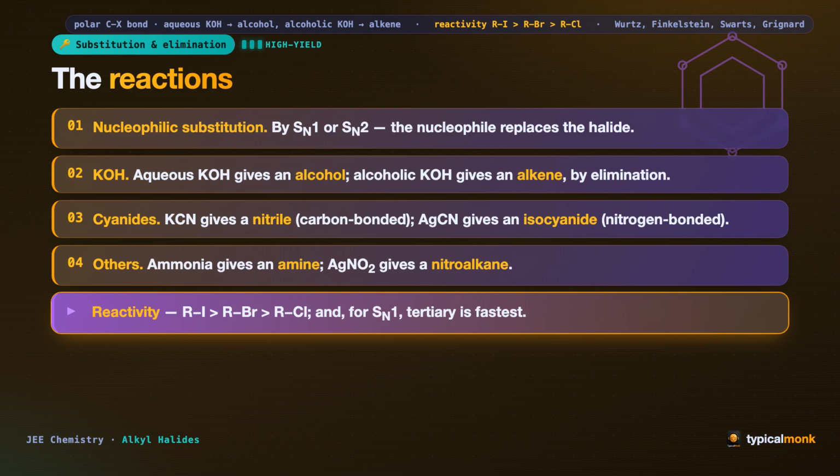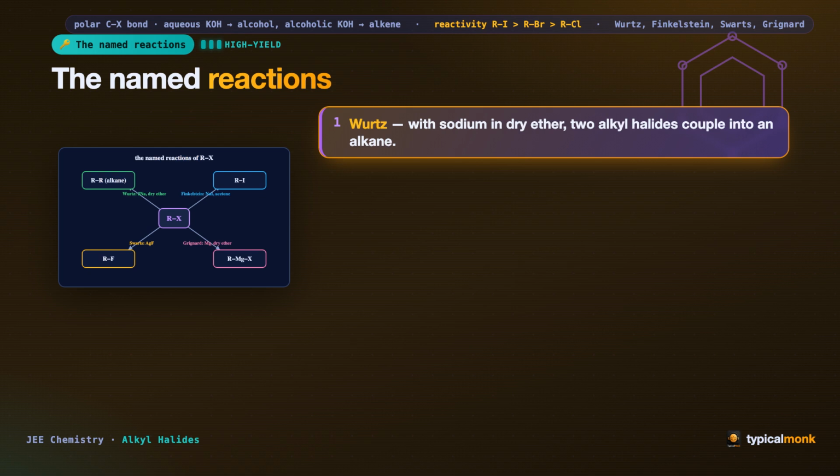Reactivity: R-iodide over R-bromide over R-chloride, and for SN1, the tertiary is fastest. Now look at the picture, the named reactions, all around R-X. Wurtz: with sodium in dry ether, two alkyl halides couple into an alkane.